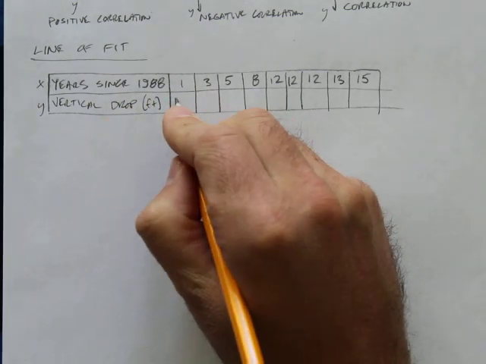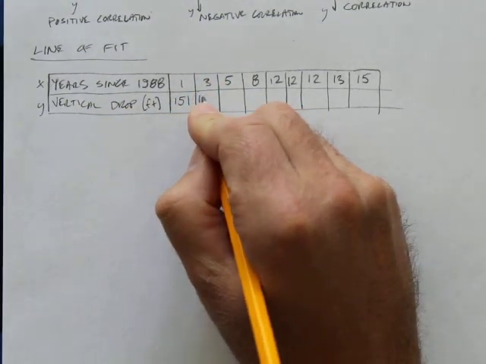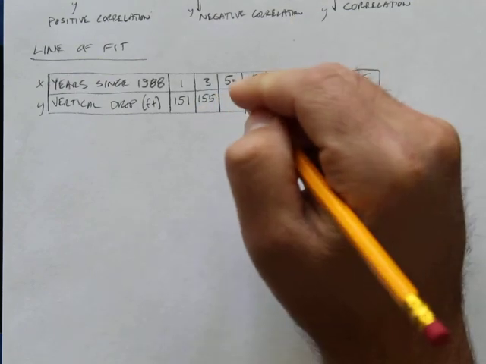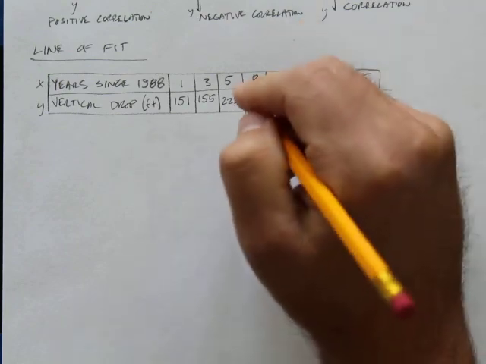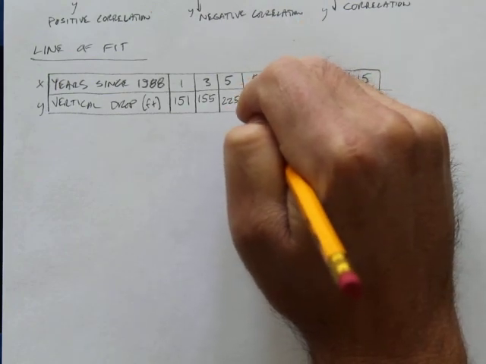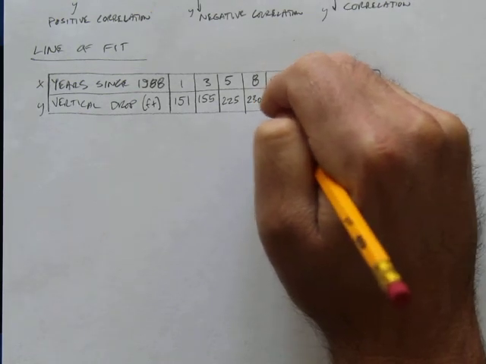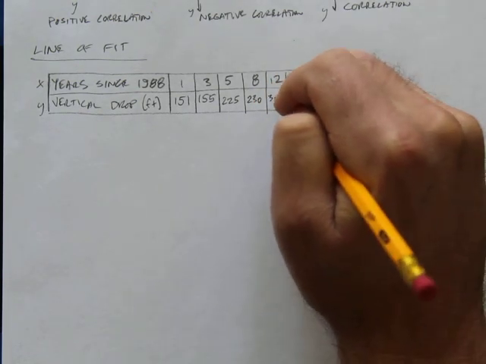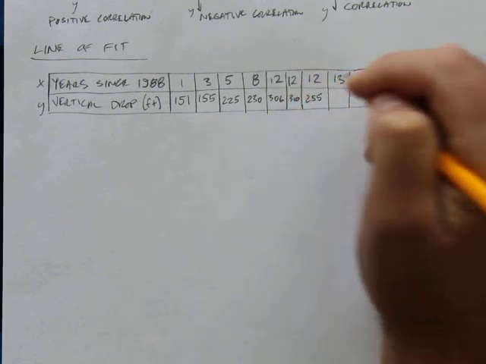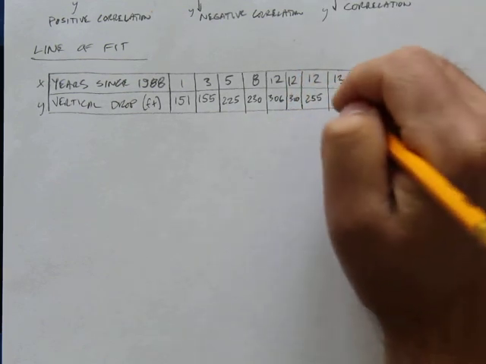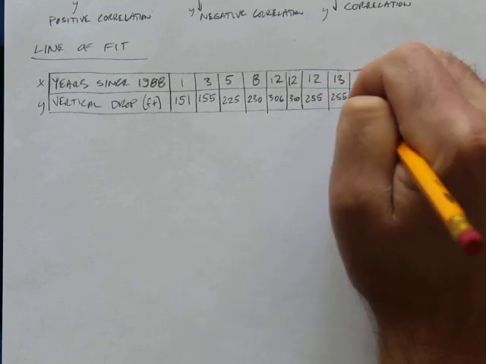In year 1, the vertical drop was 151 feet. In year 3, it was 155 feet. In year 5, it was 225 feet. Year 8, it was 230 feet. In year 12, 306, then 300, then 255. And then year 13 is 255, and then year 15 is 400.